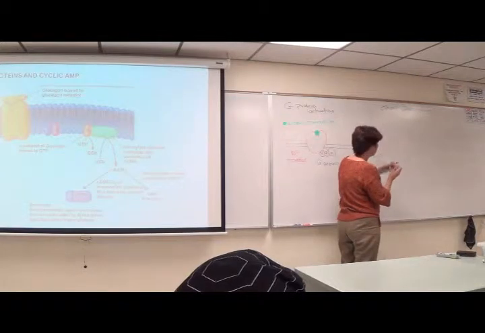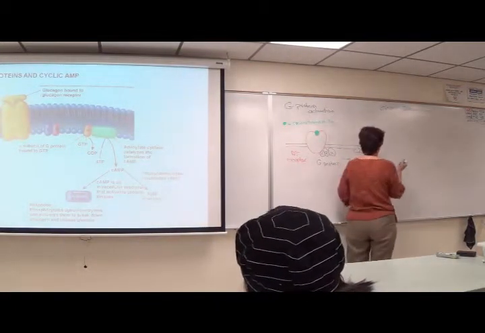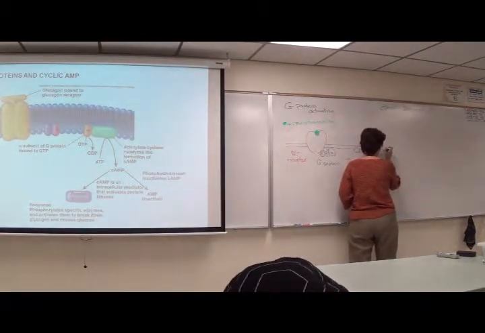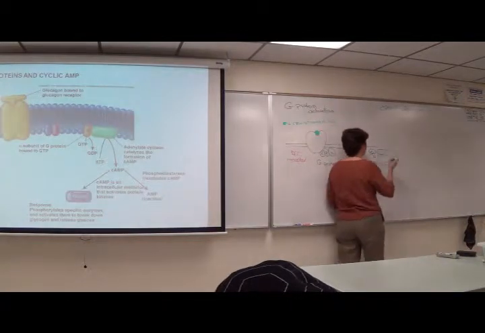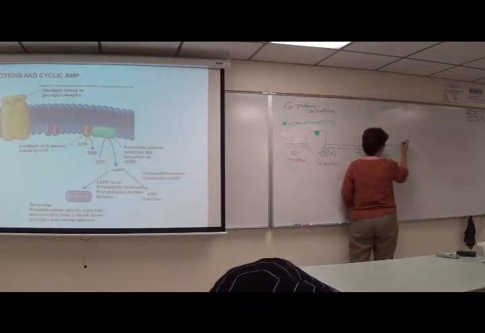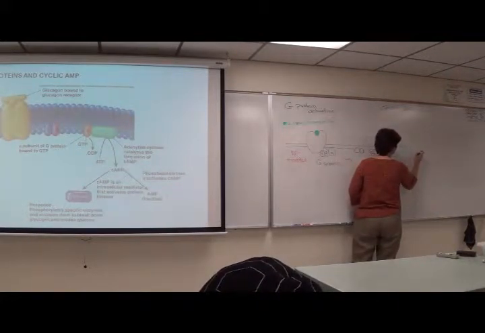Now, cyclic AMP is a form of ATP. When the alpha component is activated, it bumps into an enzyme inside the cell membrane known as adenylate cyclase.